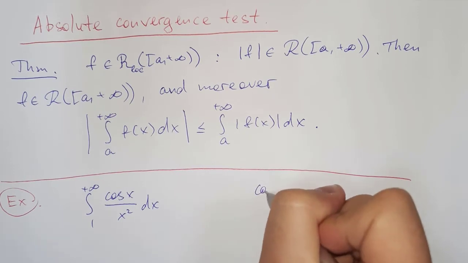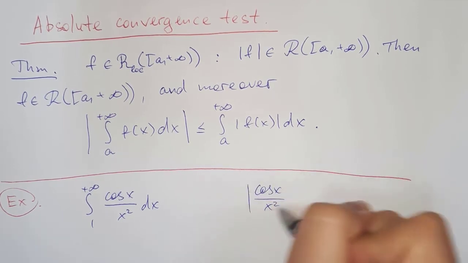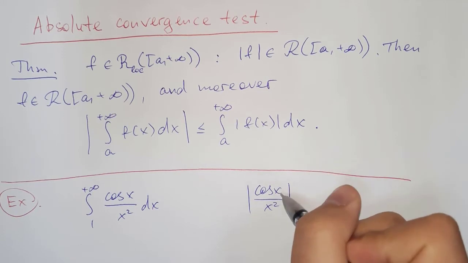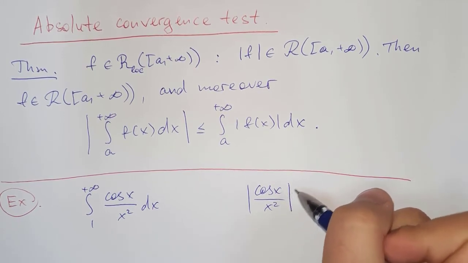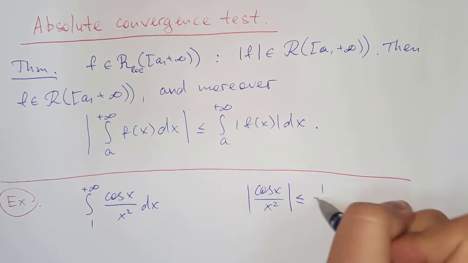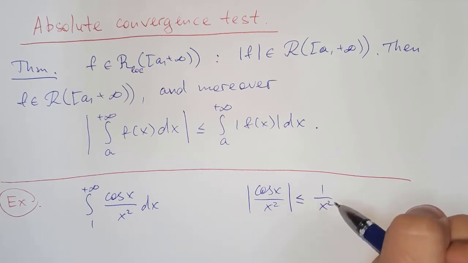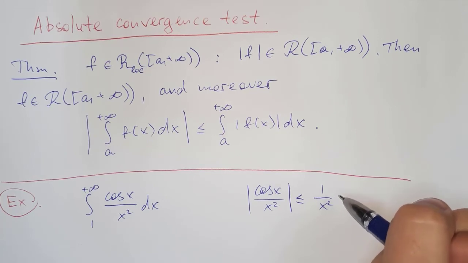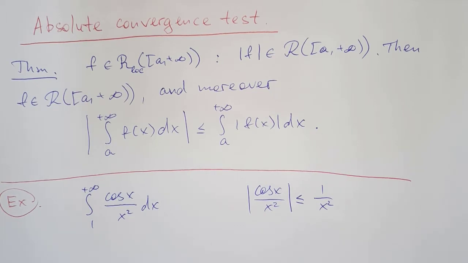Since the absolute value of cosine x over x squared is, however, the biggest value of cosine x is 1, less than or equal to 1 over x squared. And now f of x is integrable on 1 to plus infinity, it means the absolute value.